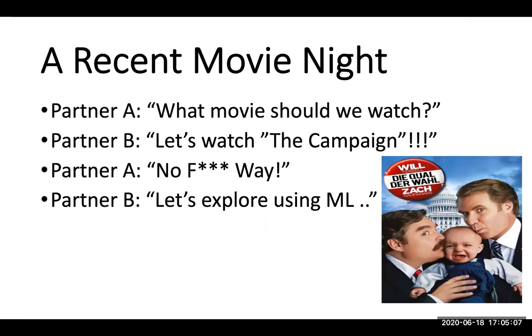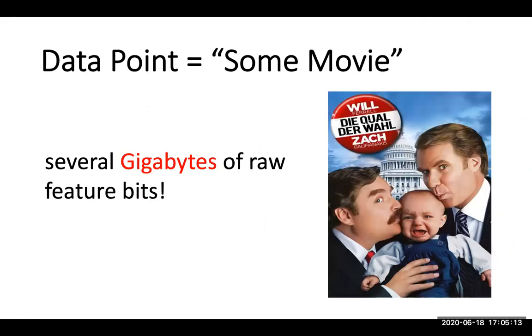So we can model this as a machine learning problem by identifying movies as data points. So we can say a data point is some movie. For example, this movie here, which is called The Campaign with Will Ferrell and Zach Galifianakis. And what features could this data point have?